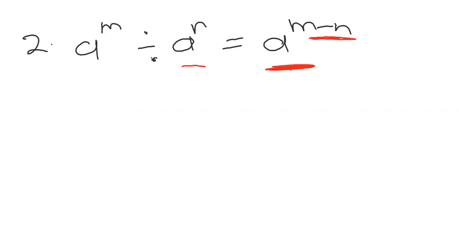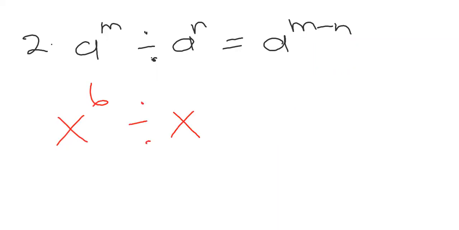For example, let's take x to the power 6 divided by x to the power 3. Our bases are the same. We have an x here, we have an x here. So our final answer should also have an x.